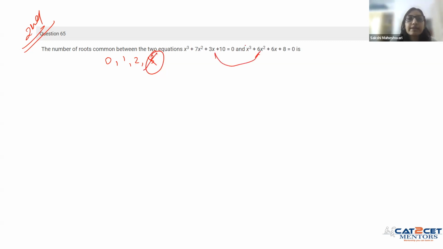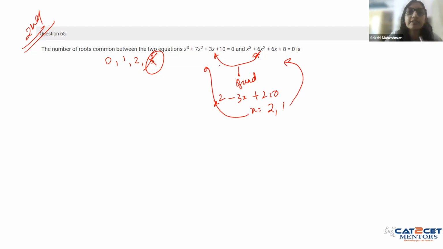So just equate this and you'll get a quadratic. For example, here you'll get x square minus 3x plus 2 equals 0. So this has 2 roots. Now just check if both of them satisfy here. If they both satisfy, then they are common roots, or else these equations have 0 common roots.